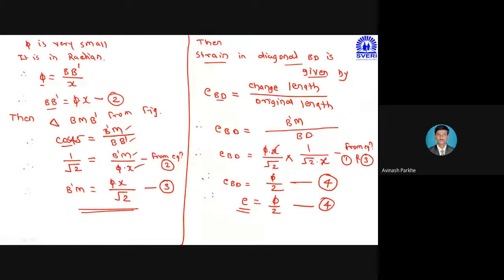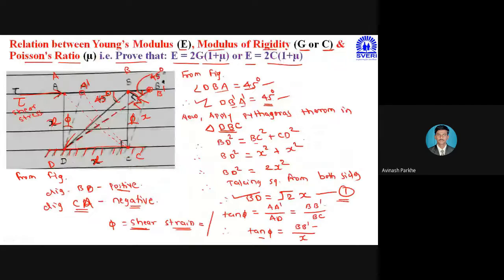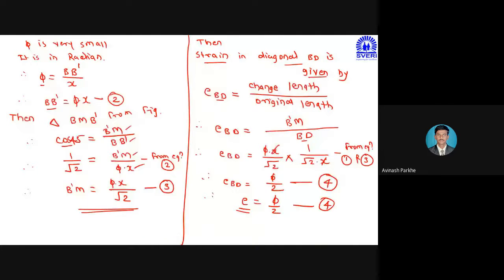The original length of the diagonal is BD. I am asking only for the change in length, not the total change in length, and from the figure we get B dash M. So I kept the value of B dash M for the change in length along diagonal BD. B dash M I put from equation number 3, and BD, the diagonal, we know from equation 1. This x will get cancelled, leaving only phi divided by 2, and the strain induced in diagonal BD represents the total strain induced along that direction.